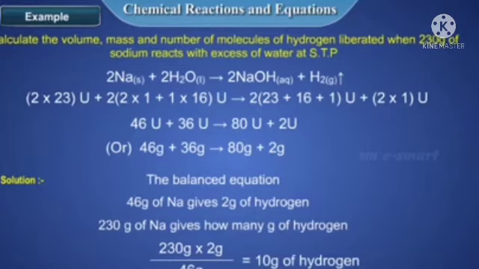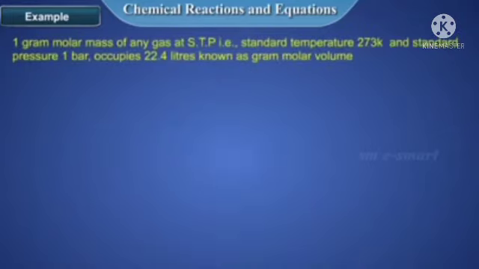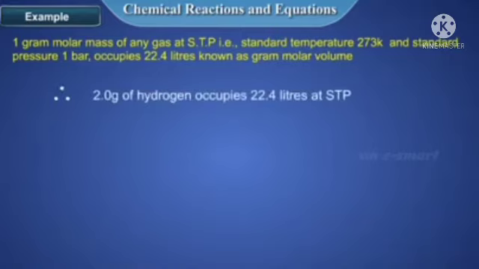Here what is the problem? 230 grams into 2 grams of hydrogen divided by 46 grams of sodium. Then 1 gram molar mass of any gas at STP, that is standard temperature and pressure, 273 Kelvin and standard pressure of 1 bar, occupies 22.4 liters, known as gram molar volume.